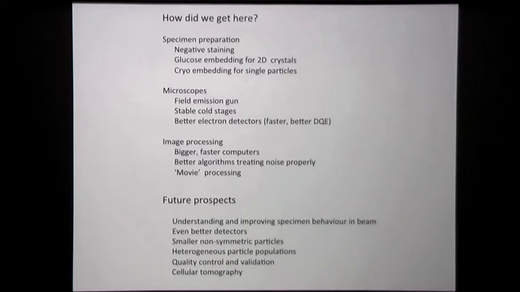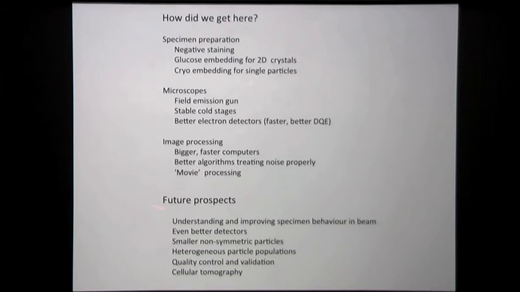It's quite obvious that when you put the beam on to record the image, the specimen either physically moves or charges or both. And it's that which is really limiting the quality of the images one can record on these current detectors. Chris Russo may say something about this, but his work is going some way to attacking this problem. And I think that's really going to be key for the next jump forward.